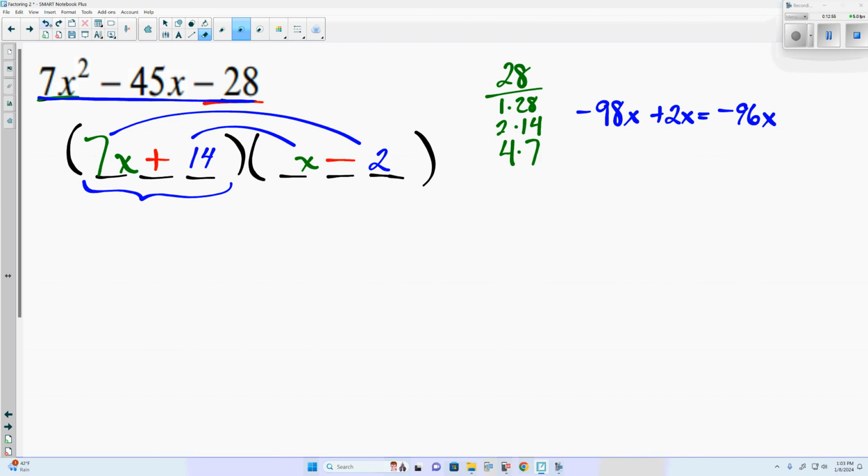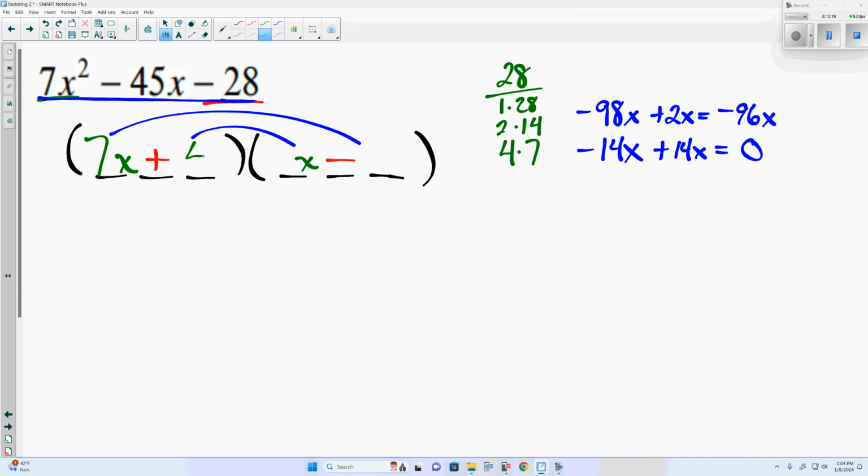Now, if I went on and checked this, 7 times negative 2 is negative 14x. 14 times x is plus 14x, giving us 0. So even if we didn't see it and went on and checked it, it would tell us that it didn't work either way. Which one do we want to try next?